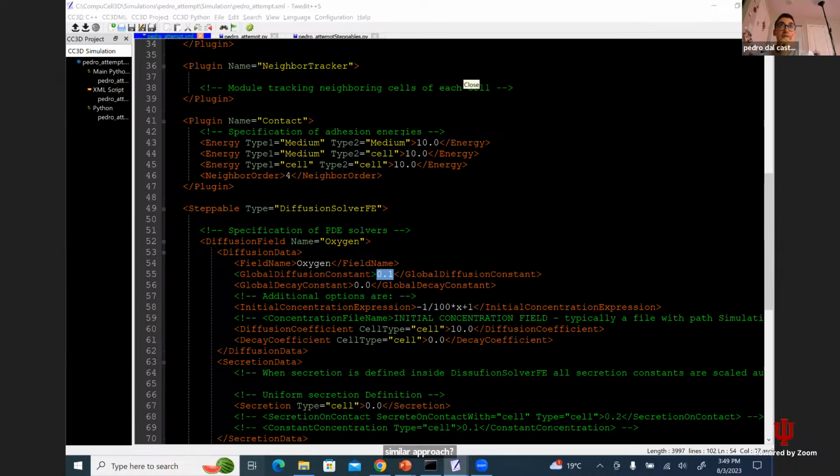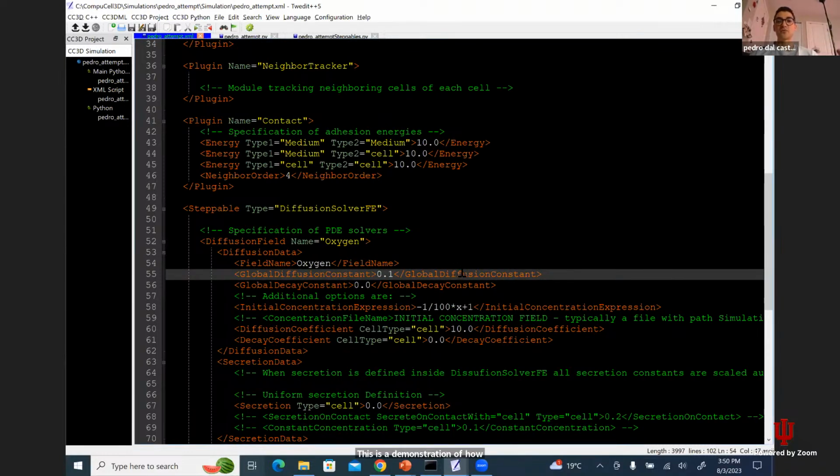Depends on how detailed you want to model the boundary between the vessel and the cell. But yes, you could use this approach. This is not a mandatory approach. This is a demonstration of how cells interact with the field. So let's do what James suggests.